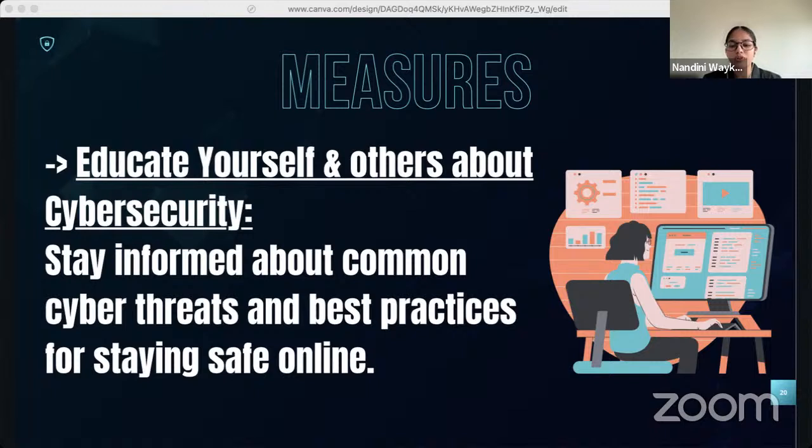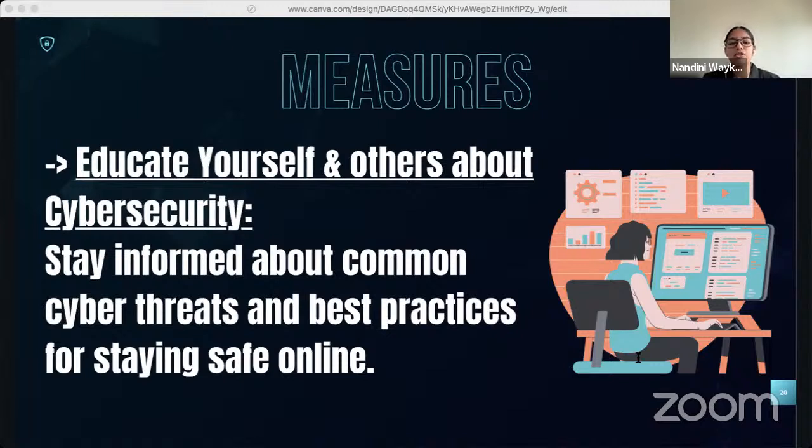So it's very easy for me to understand that this is a scam. I learn about it, and I also tell my friends that this is a message or email I received, and if you also get something like this, please be aware of it. Educating yourself, your family, your colleagues, and your friends about phishing scams, social engineering tactics, which we have talked about previously, and other cybersecurity risks is very important.